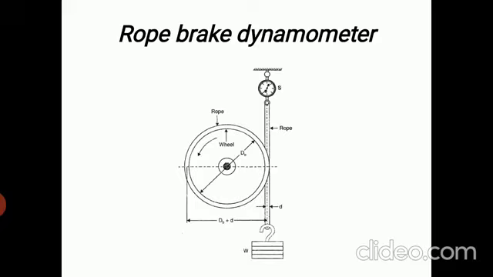Along with the flywheel, one drum is connected. Over the circumference of the drum either a rope or belt is connected. At the bottom of the rope we have arrangements for adding and removing loads.